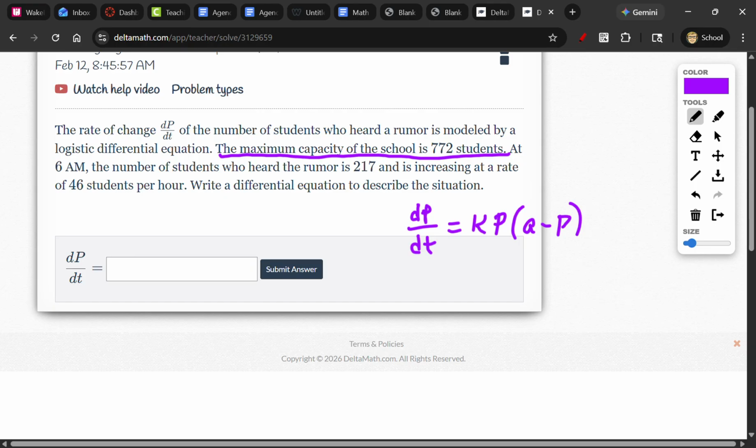The maximum capacity of the school is 772 students. So that's what this is. And then at 6 a.m., the number of students who heard the rumor is 217. So that's going to be at a certain time, we're going to have 217 students who know a rumor, whatever the rumor is.